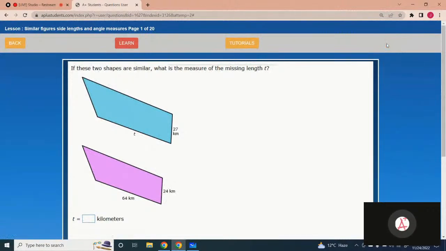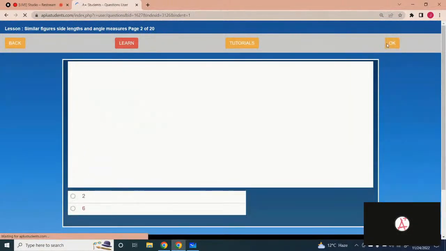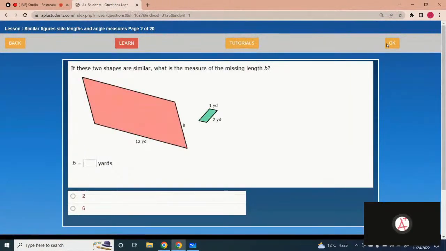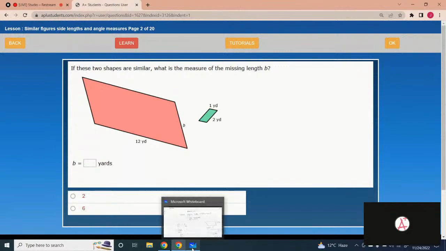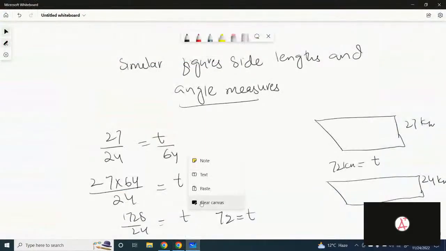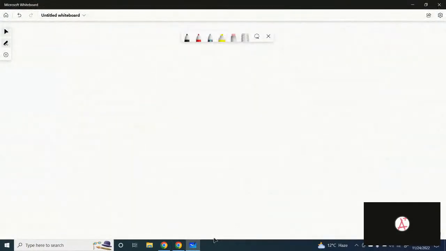Okay, the next one is, if these two shapes are similar, what is the measure of the side length b? Just form a proportion. They are similar, so form a proportion of the similar sides.